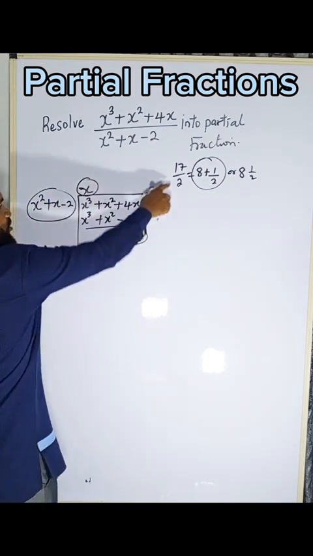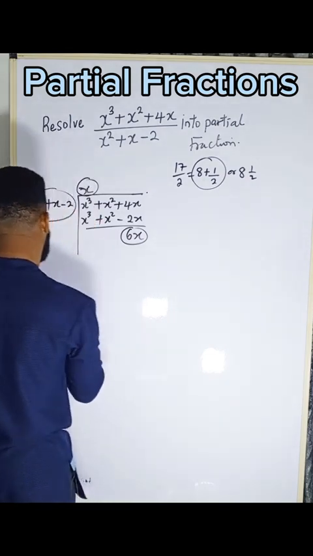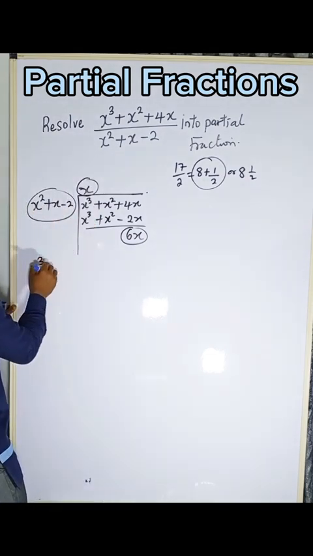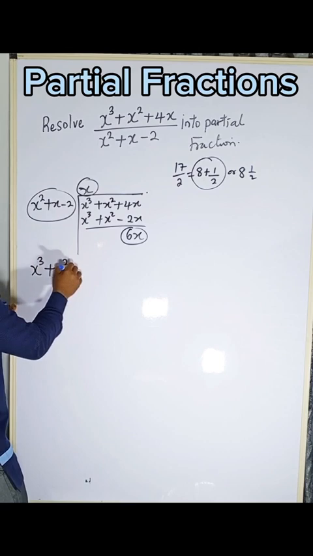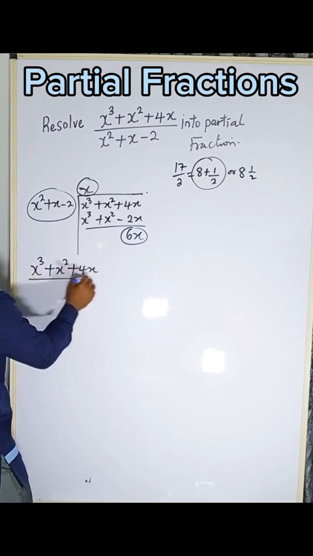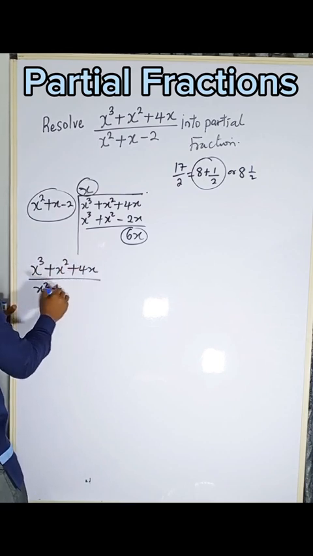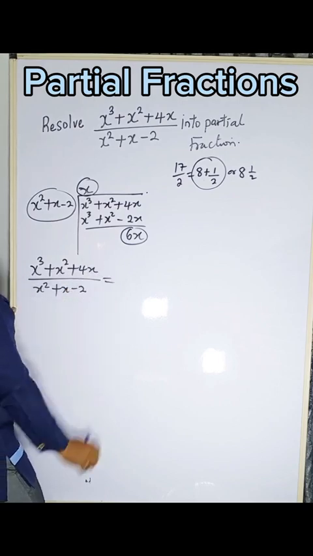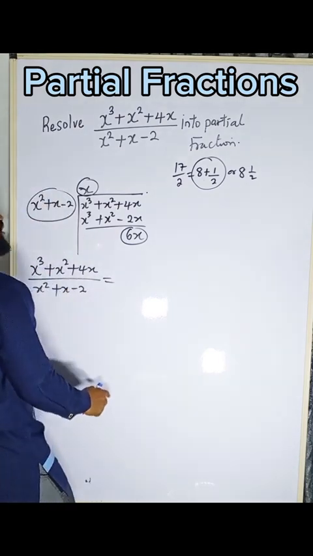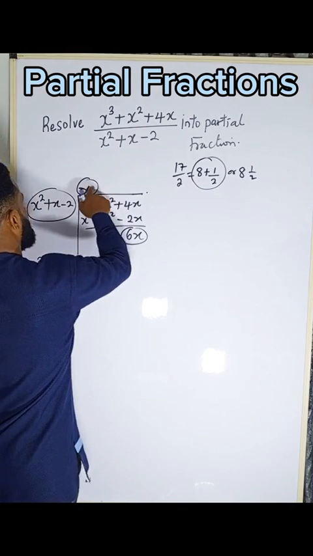All right, so how does it go? I'm going to have x cubed plus x squared plus 4x all over x squared plus x minus 2 is going to be equal to, what did I find? It is x.